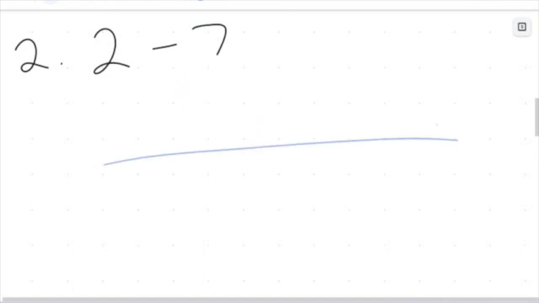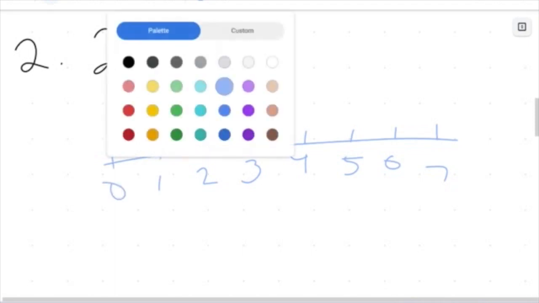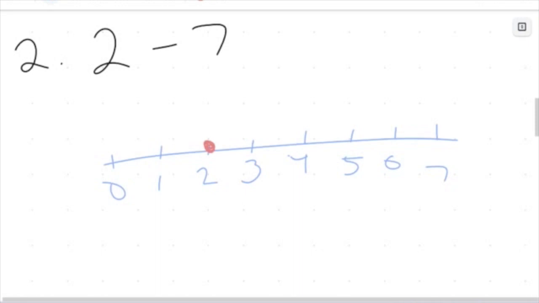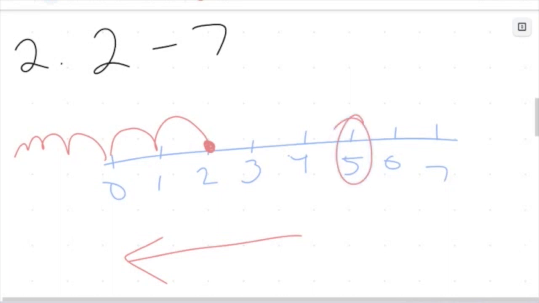So say I went 7, 6, 5, 4, 3, 2, 1, 0. Okay, here I'm starting at 2, and I'm going 7 spots to the left. So you should be able to see immediately, if I keep going in my left direction, I'm going to get a number smaller than 0. So there's no way when we subtract 7 from 2, we're going to get to 5. The only way we can get from 2 to 5 is to add numbers.